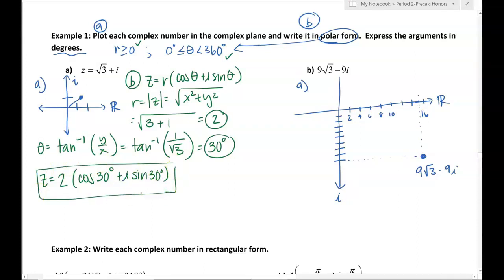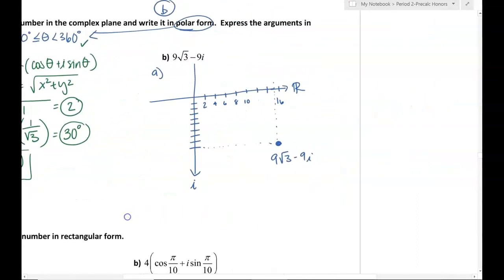Not too bad, right? Okay, let's do this again over here. If you don't have enough space, try to squeeze that in. Similarly, the polar form is z equals radius times cosine of theta plus i times sine of theta, and we have to follow the restriction of radius and theta. They both have to be positive.